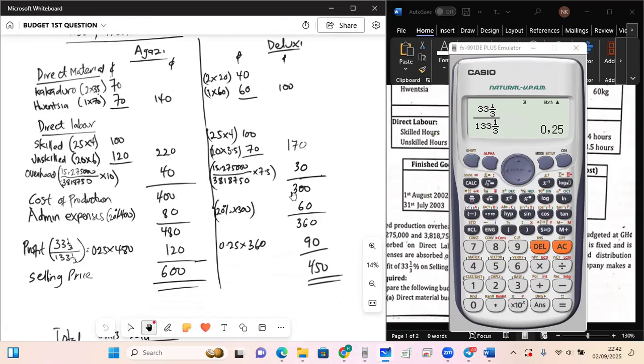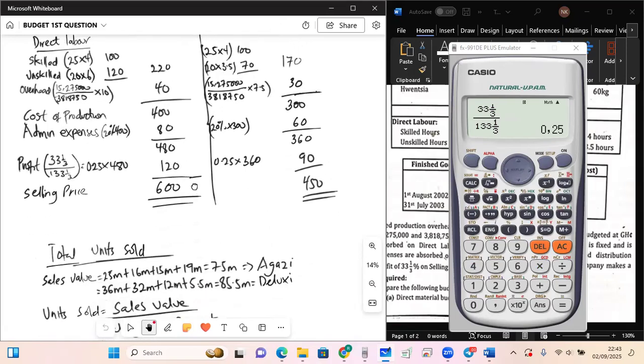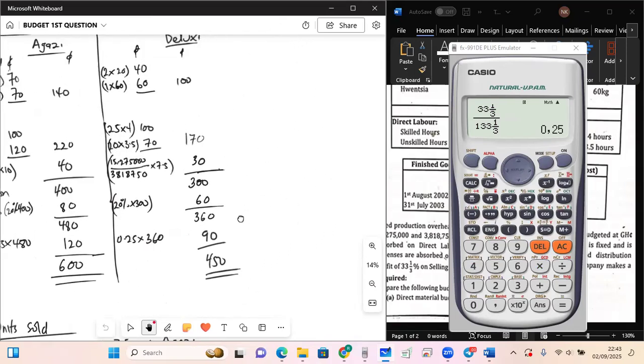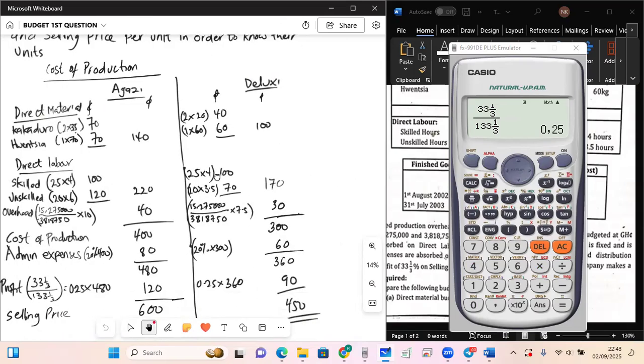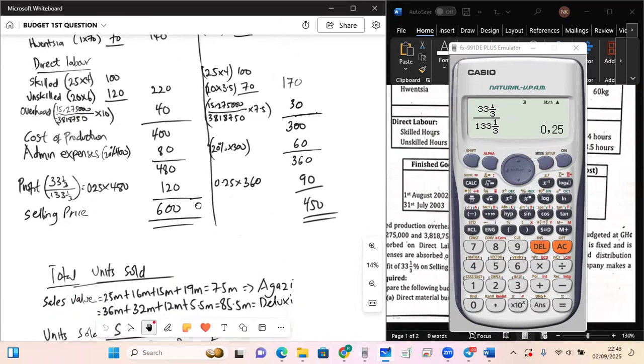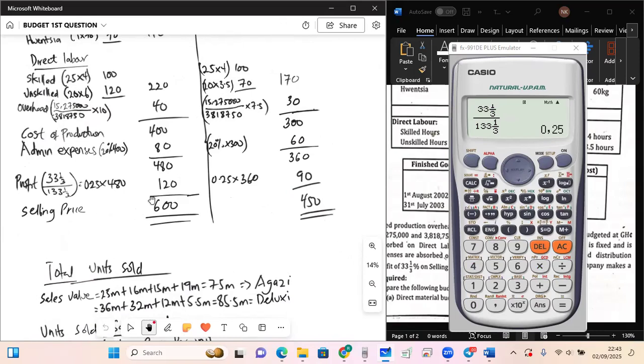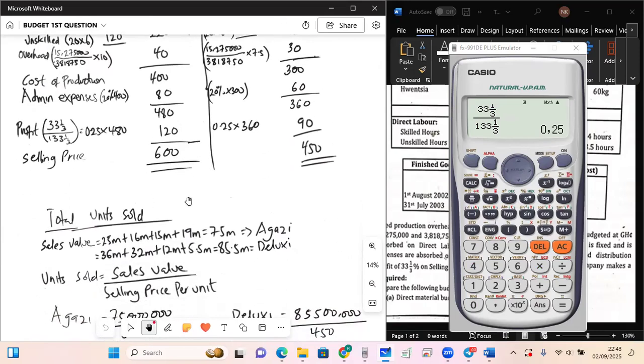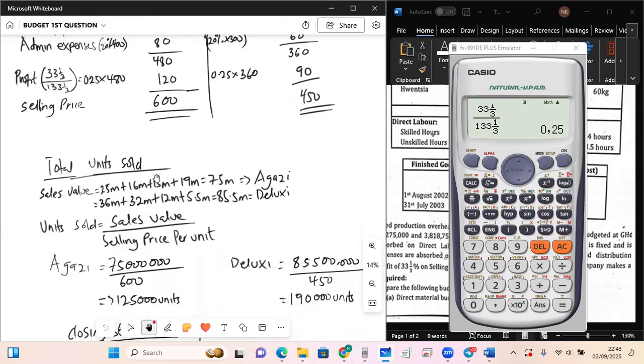Now, we have our cost of production here for Deluxe and Agazi, so we will be able to know the number of units that was available at the beginning and the closing, or at the end of the period, right? So fast forward, because we've been able to identify the selling price per unit, we are going to find the total number of units that were sold.